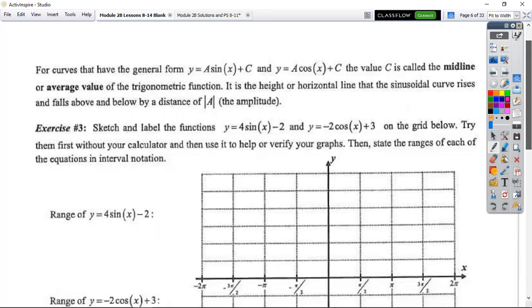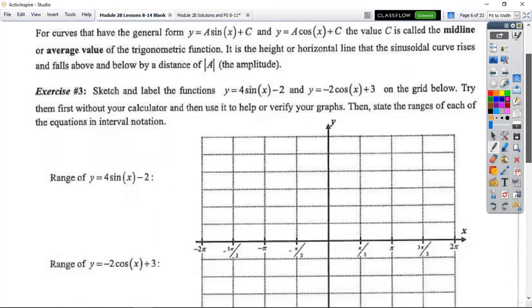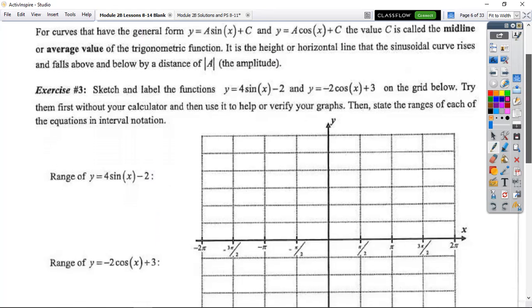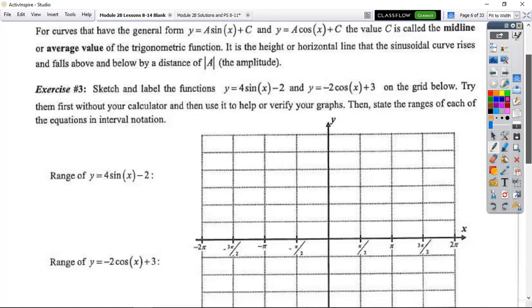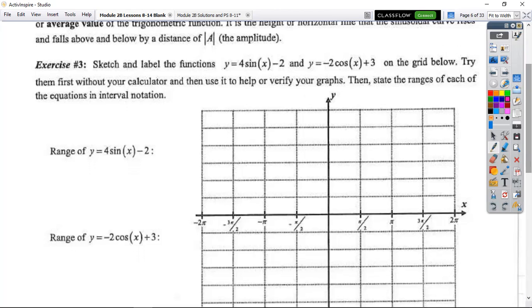Now we want to sketch the rest of these. Sketch and label, so you got 2 on 1 graph again. We're gonna go 4 sine x minus 2, and then a cosine graph as well. Okay, let's look at the calculator too and see if we need to change our window at all. So this graph currently goes up to what? 6, right? Okay, so we do need to change the calculator because mine is currently set to only go up to 4, if I'm not mistaken.